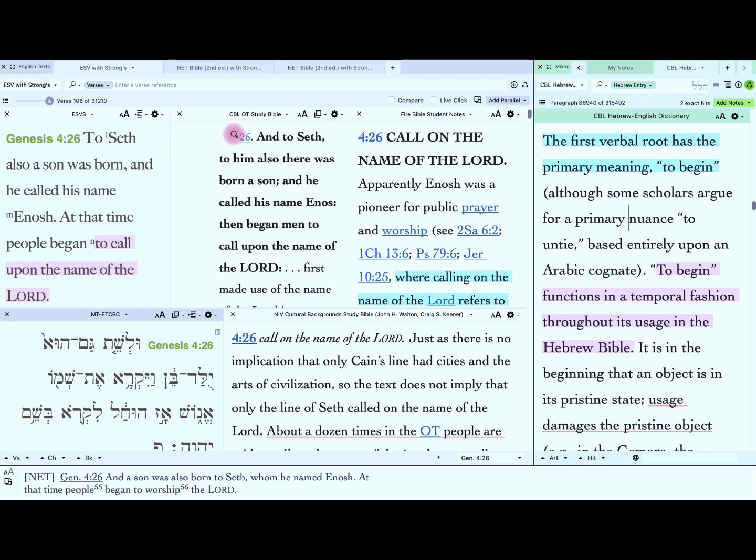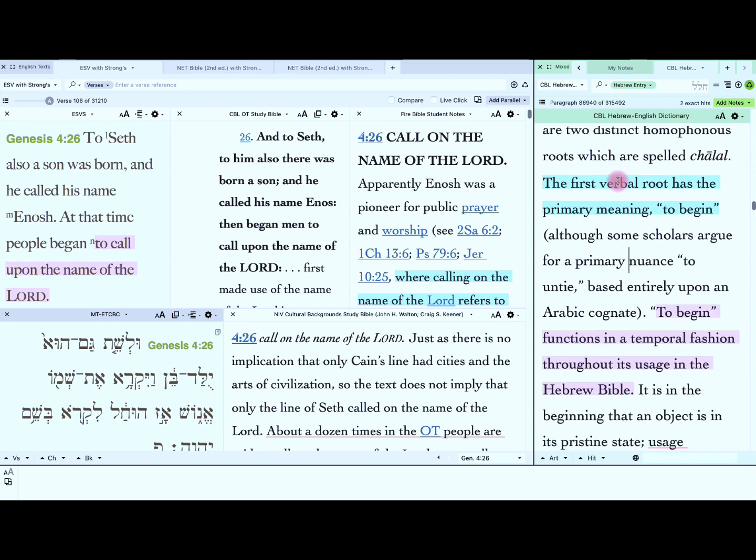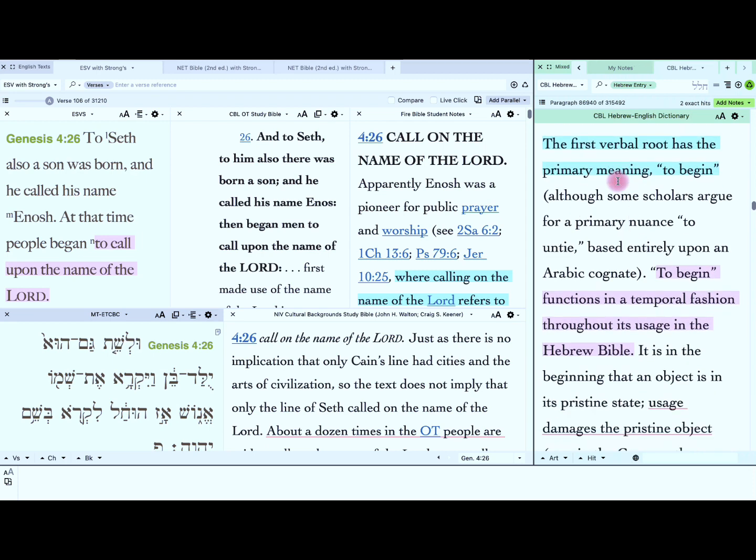I'm gonna read right now the Hebrew English dictionary of the Complete Biblical Library. It's interesting regarding the word huhal, begin. It says the first verbal root has the primary meaning to begin. Here are the roots, by the way: a het and a double lamed.